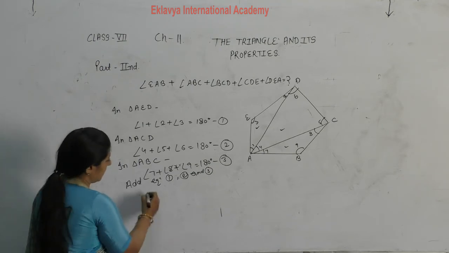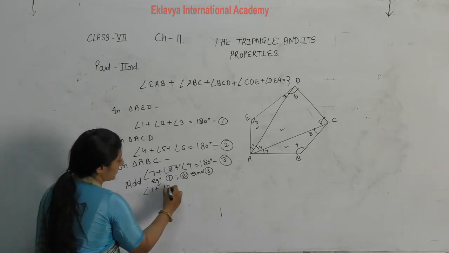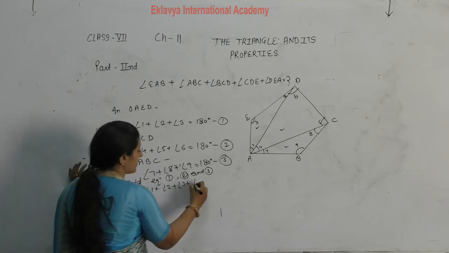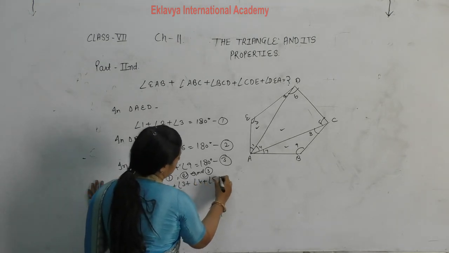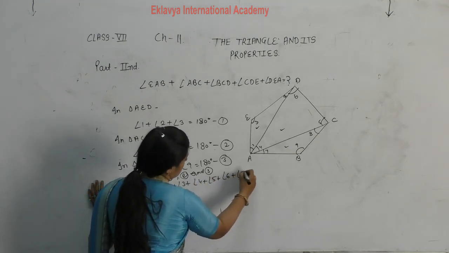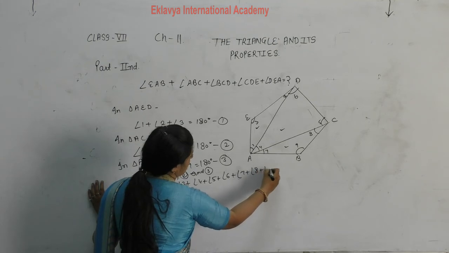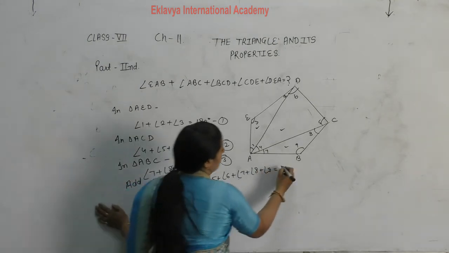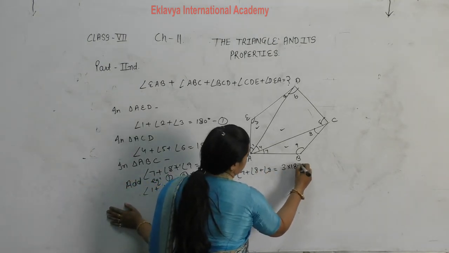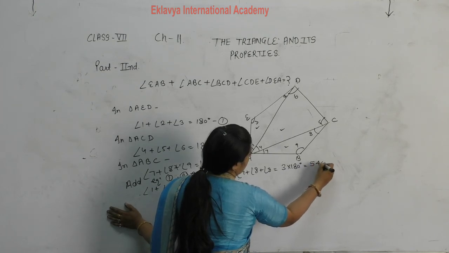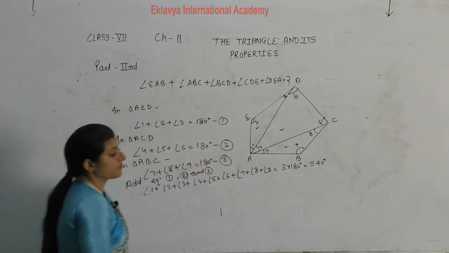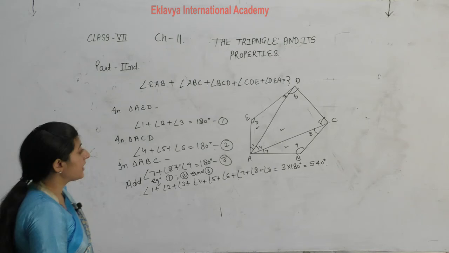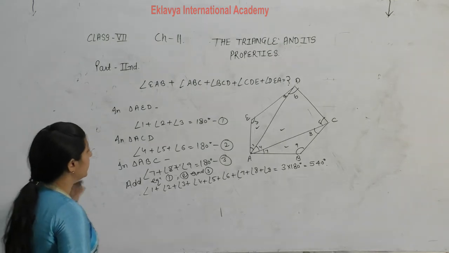Then you will get angle 1 plus 2 plus 3 plus 4 plus 5 plus 6 plus 7 plus 8 plus 9 is equal to 3 into 180, that is equal to 540 degrees.